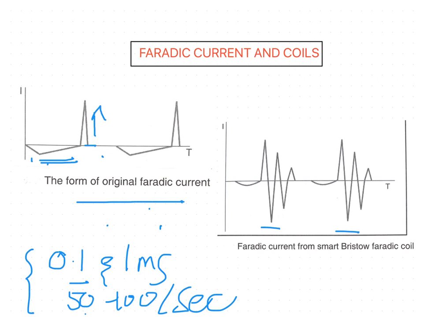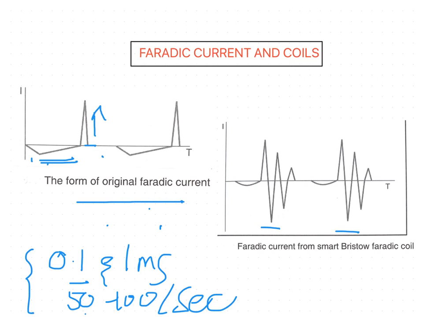So this is the introduction for Faradic current and how it was produced previously. The Faradic type of current is produced by some coils: the first one is the Lewis-Jones Faradic coil and then the Bristow Faradic coil.